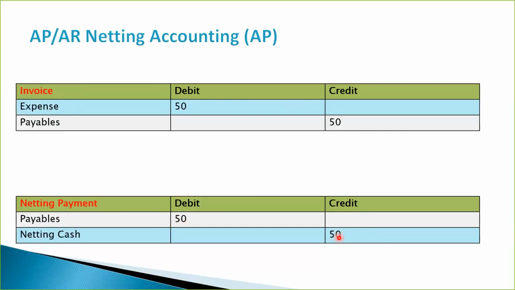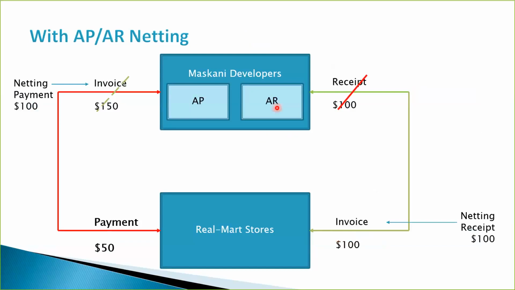Now remember, in our scenario, in the end, we will end up making an actual payment of $50, because that's what, after all these calculations, we end up owing Realmat stores.